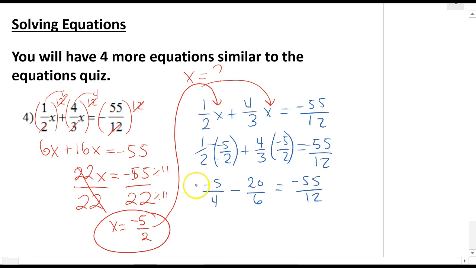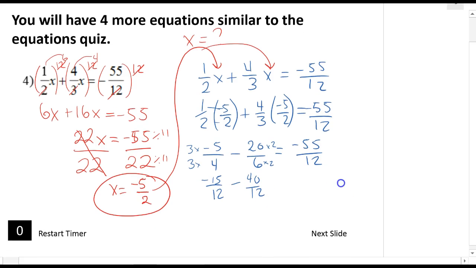A common denominator could be 12, so I'll multiply this times 3, and this times 2. Now I get negative 15 over 12 minus 40 over 12. Negative 15 minus 40 gives us negative 55. So we are correct. Okay?